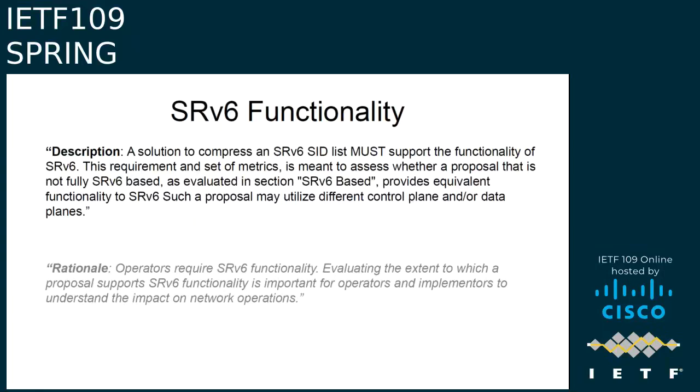Such a proposal may utilize different control plane or data planes. So I think there are some concerns on these items. I think we call for more comments on that. Next page.